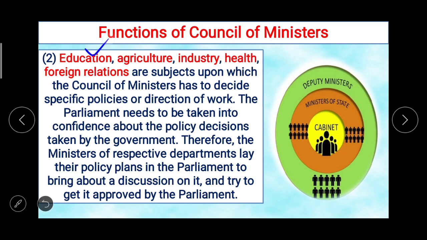Education, agriculture, industry, health, foreign relations are subjects upon which the Council of Ministers has to decide specific policies or direction of work.